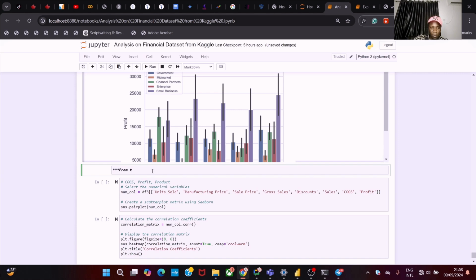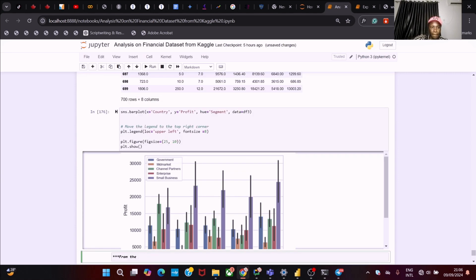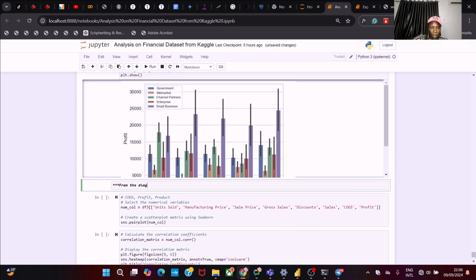So we can say from the diagram above, the profitability of each segment across the various countries.